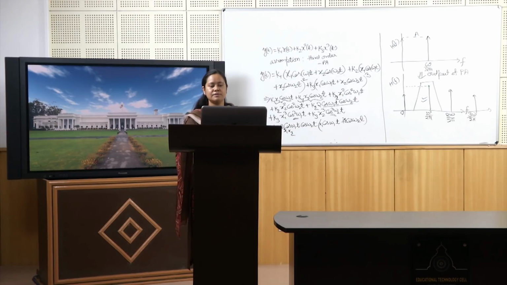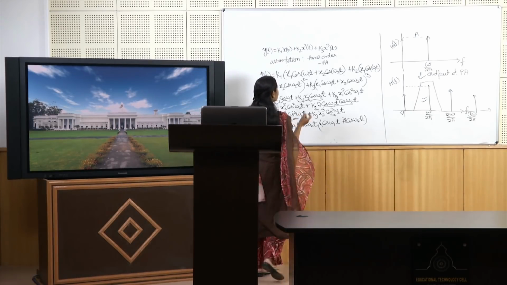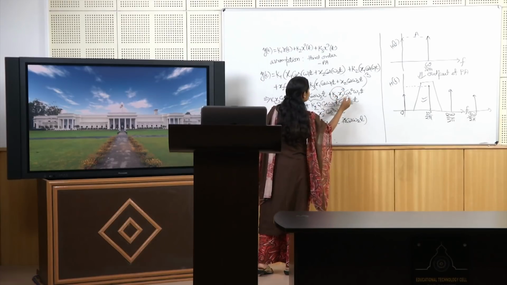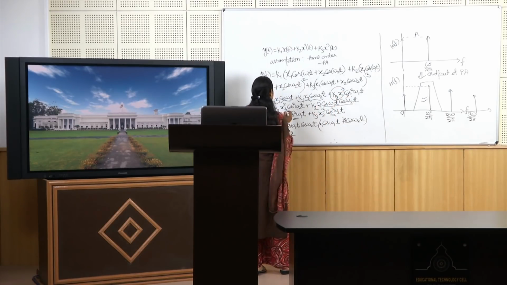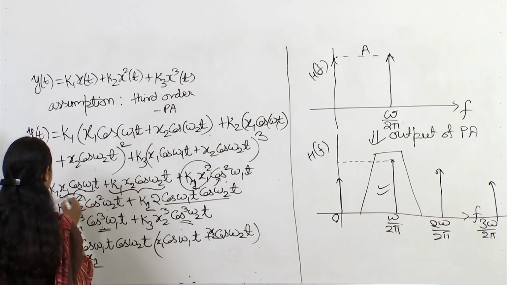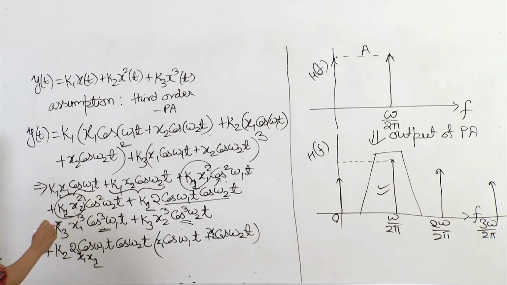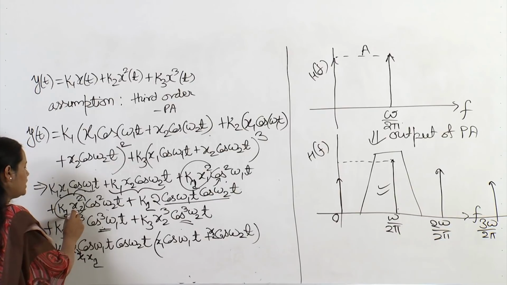So, the DC term is basically k2 x1 square plus k2 x2 square, which is coming from here. If you open this expression, it will give you k2 x1 square and k2 x2 square.